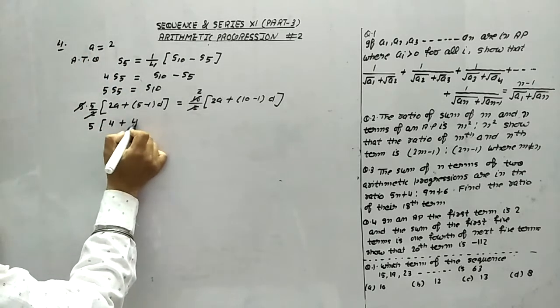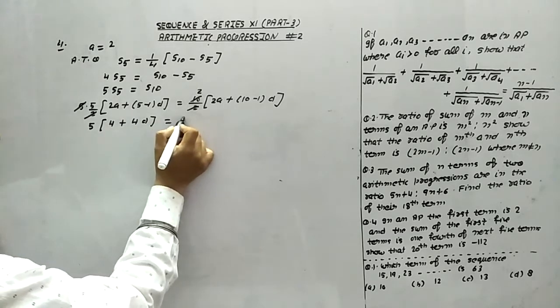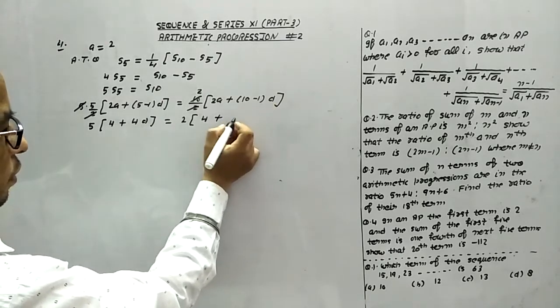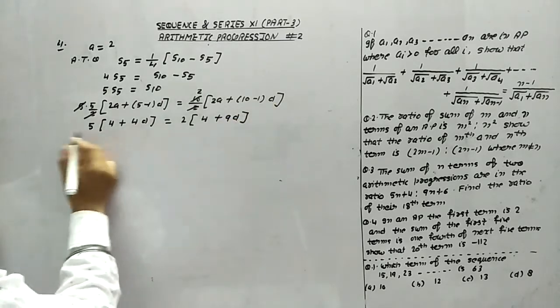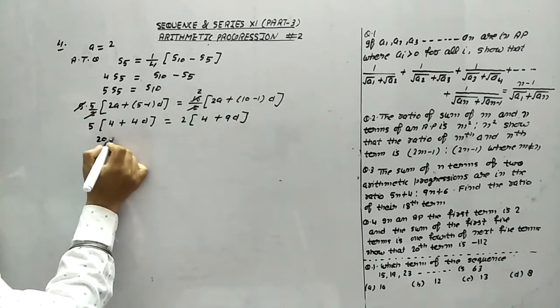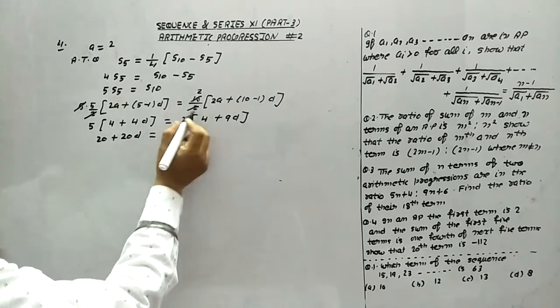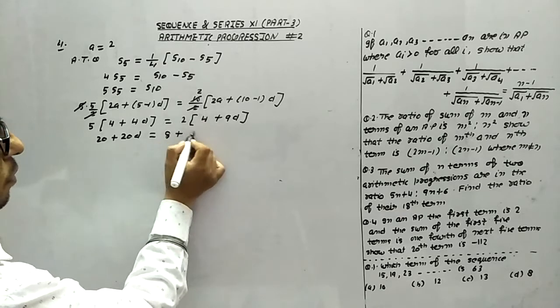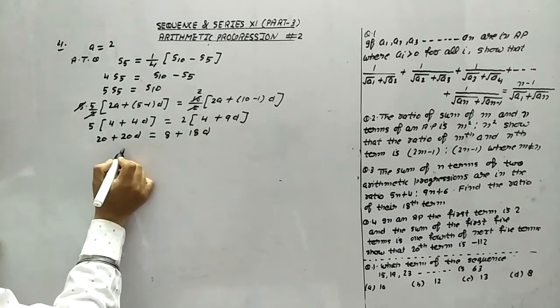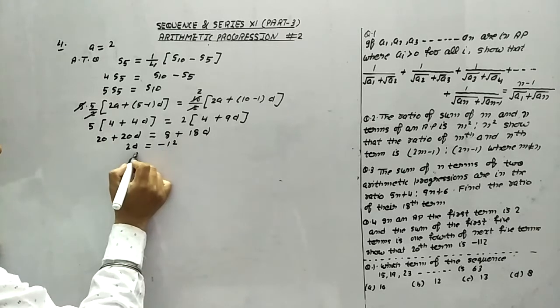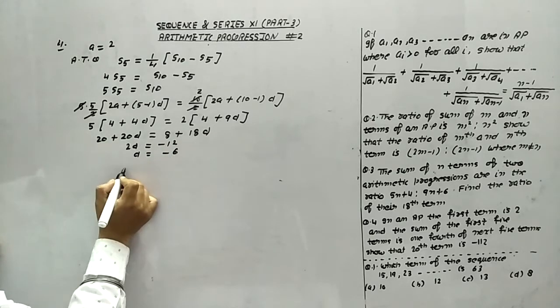It means 4 plus 4d, and on the other side 4 plus 9d. Now 5 fours are 20 plus 20d, equals 8 plus 18d. Now this becomes 2d is equal to minus 12. It means d is equal to minus 6.